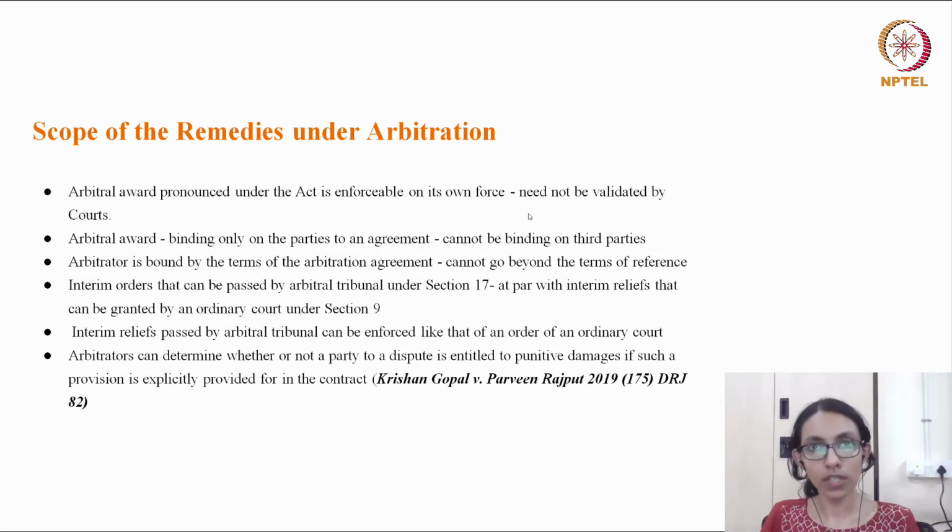Fourthly, the interim orders that are passed by an arbitral tribunal are at par with the interim orders that are passed by an ordinary court. So it is as legally binding and as legally enforceable as an ordinary interim relief that is passed by the High Courts or the Supreme Court.